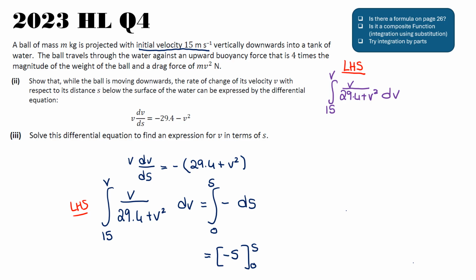For integration by parts, the two bits will generally be different. So go back to our INLATE: inverse, L for logs, A for algebra, T for trigonometric, and E for exponential. They should be two different pieces. So the fact that these are both algebra implies that it's probably not integration by parts.